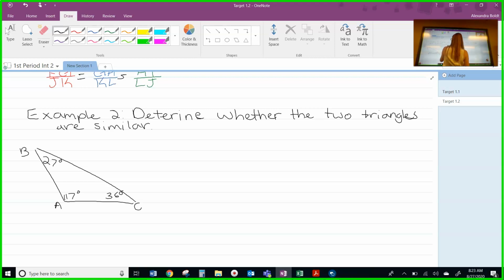And our other one is going to look like this, and that's going to be J, F, and H.